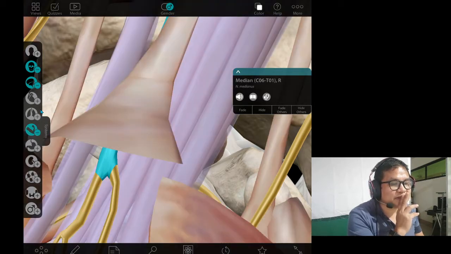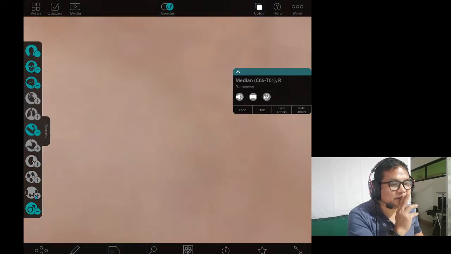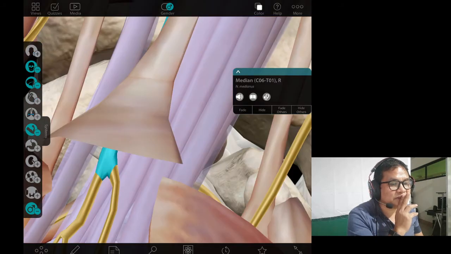That's a muscle. Okay, let's remove the skin.